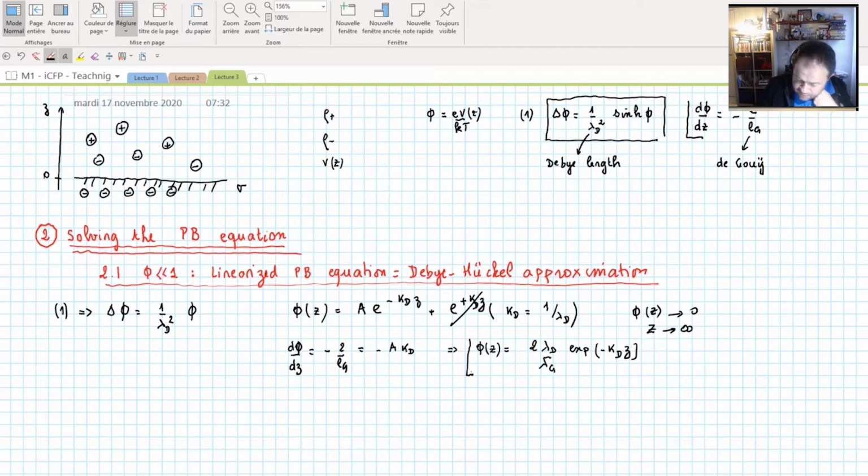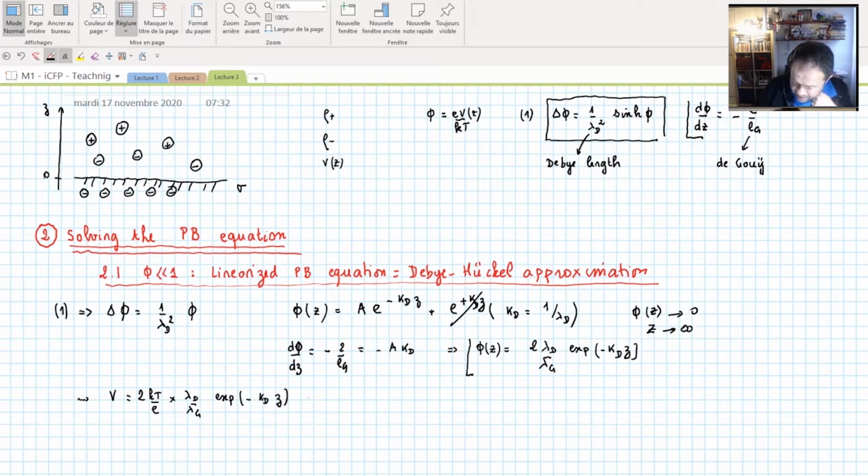If we want to come back to the exact quantity that we want to measure, which is V, we simply have to say that V is kT over e times this quantity, 2 lambda_D divided by l_G times exponential of minus kappa_D times z.